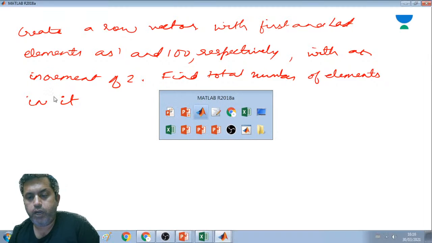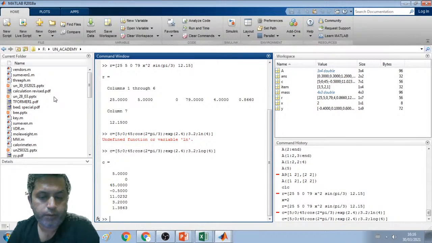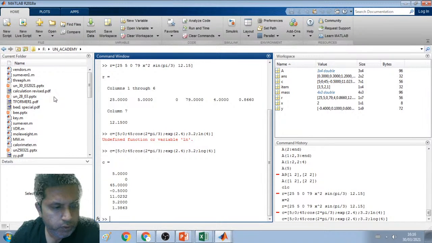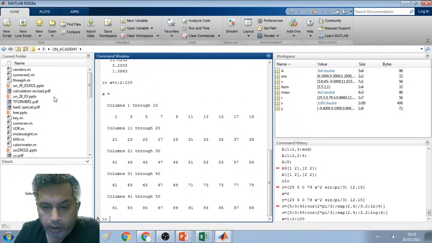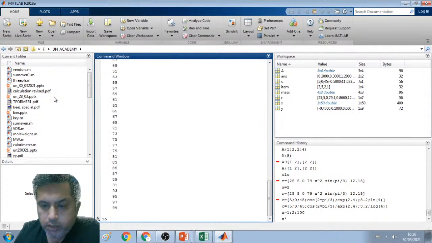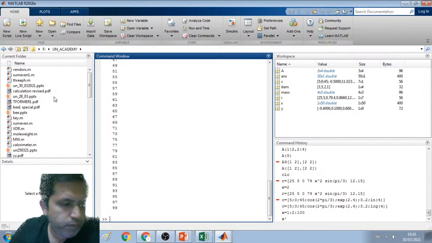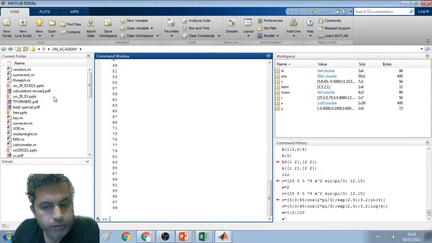So how to do it? Just see how to do it. So we want to find out, so x equal to 1 star 2 star 100, enter, x transposes from 0 to 99.